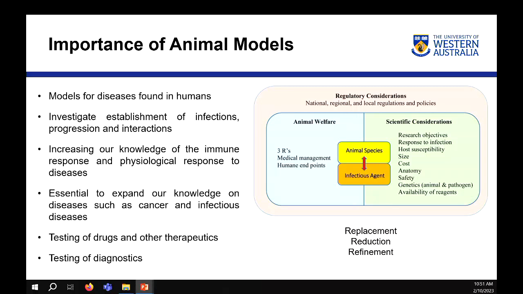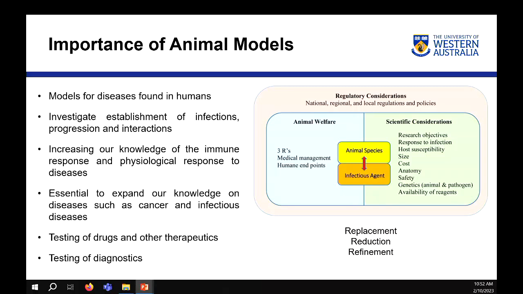So here are the regulatory considerations. Using animal models is regulated by national, regional and local regulations and policies. National regulations provide a framework of all the things that you need to do when working with animals.